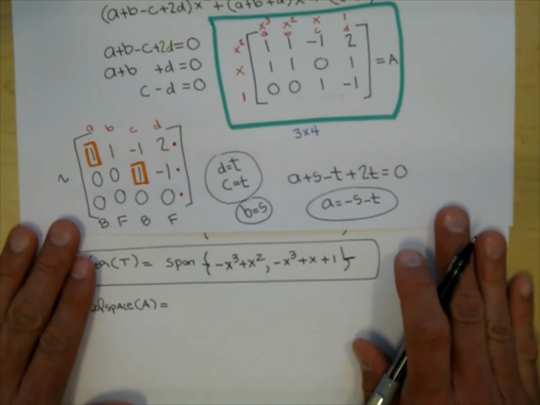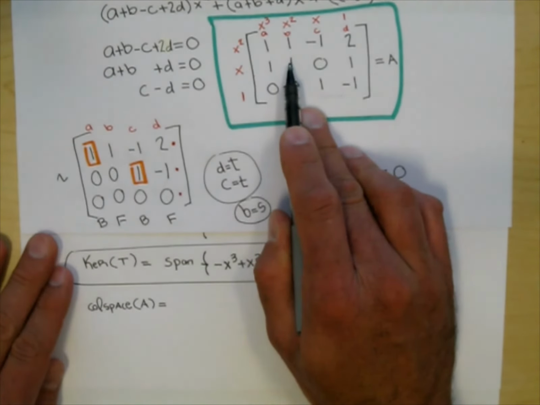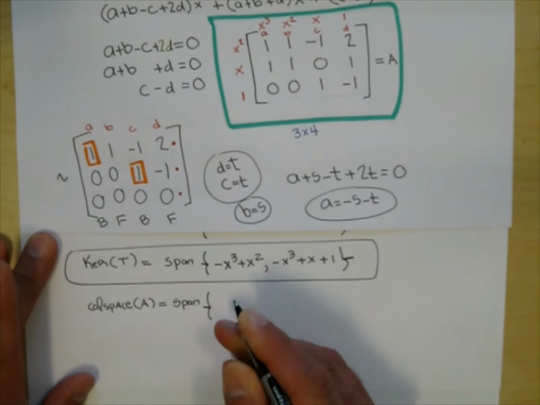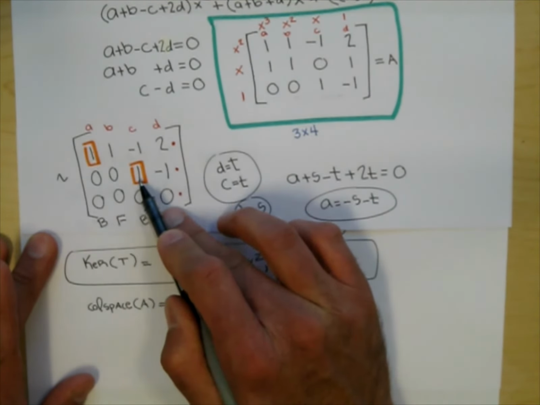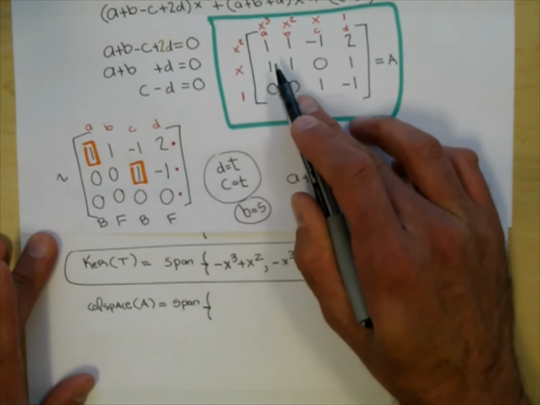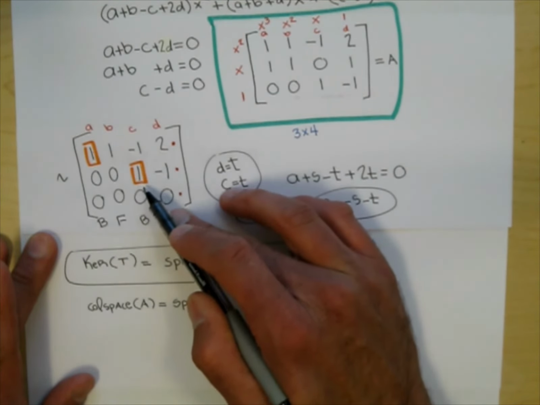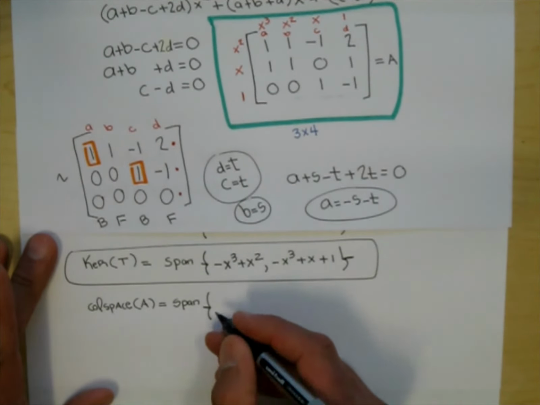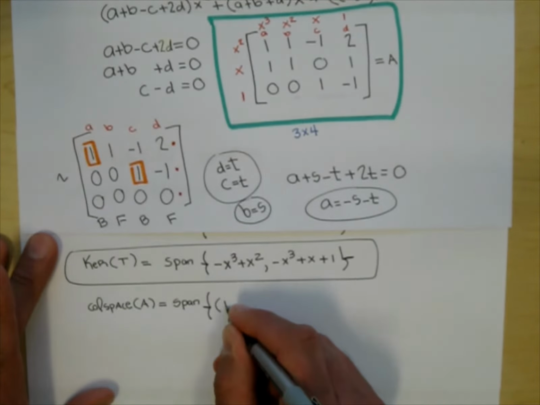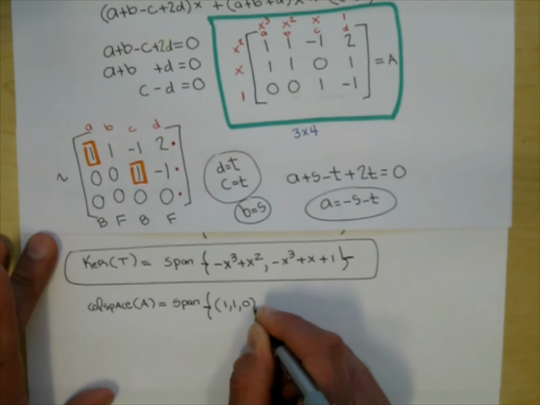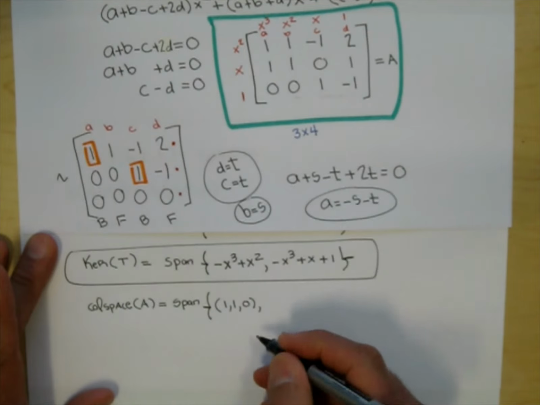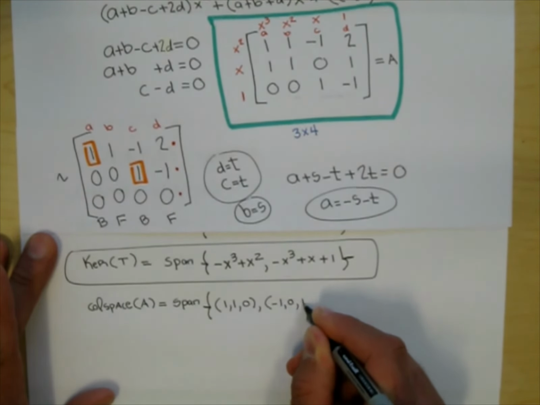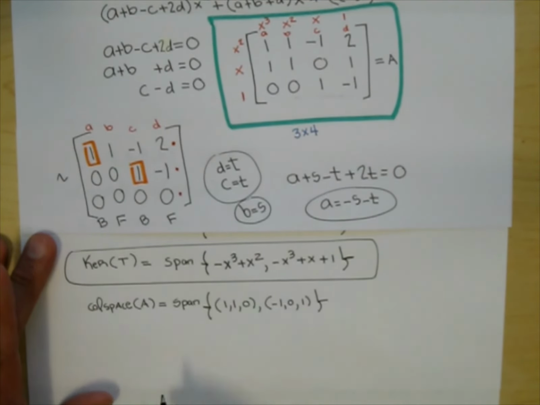So here's matrix A. The column space is going to be the span of, okay, I take my leading ones, and I don't grab those columns, I go back to the original matrix and grab the columns corresponding to those leading ones, which would be column 1 and column 3. So column 1 up here is 1, 1, 0. And column 3 is negative 1, 0, 1. So that's the column space.